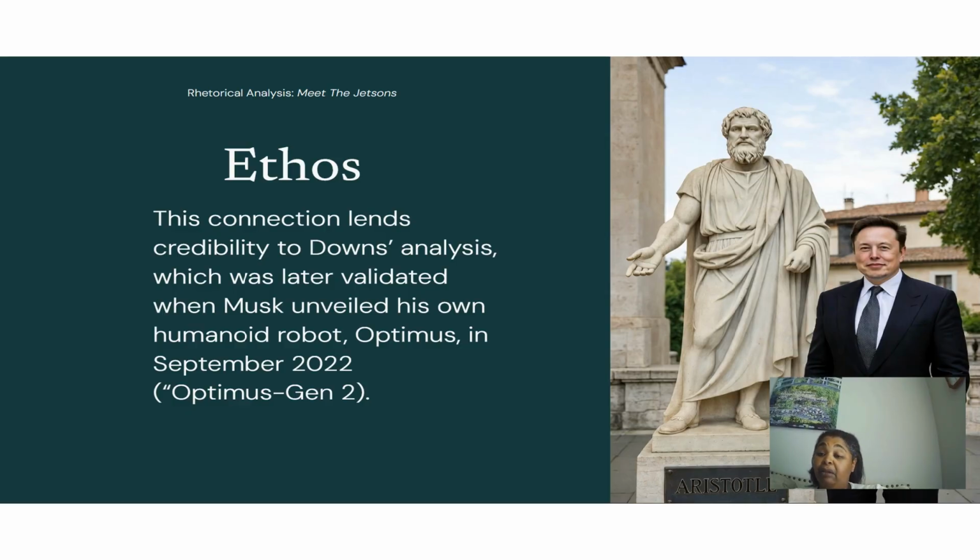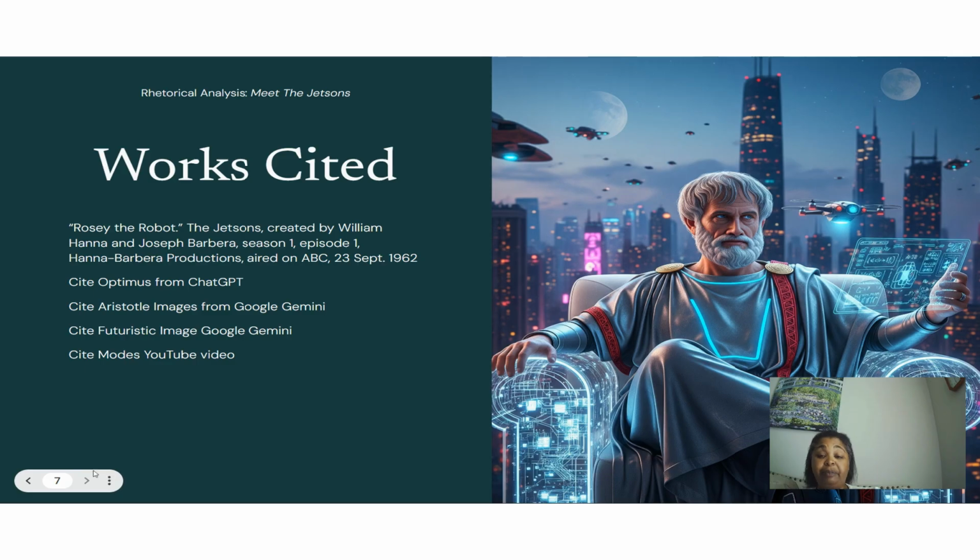I did my ethical research on the Aristotle statue. Okay, so I found that the statue is in Rome in a museum, but Elon Musk wasn't there, so they just put Elon Musk there to give it some validity to what I needed. Okay, so that's that.